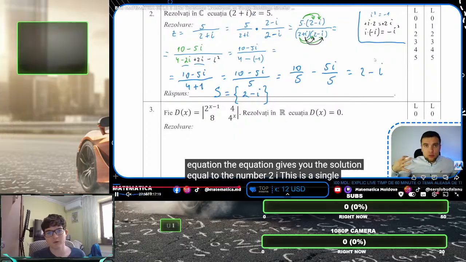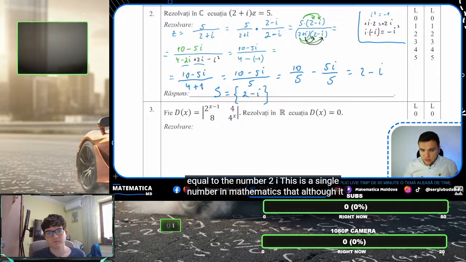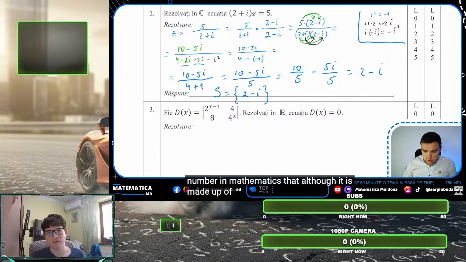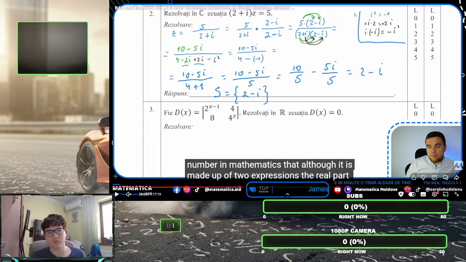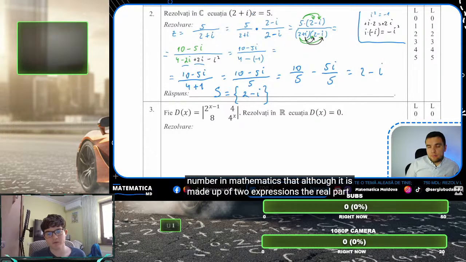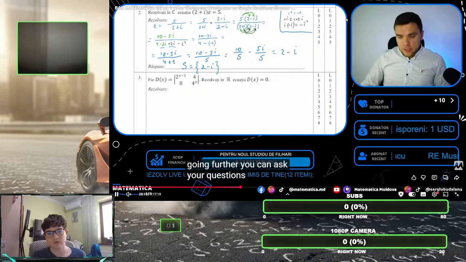The solution is 2 minus i. Yeah. If you plug it in, it's gonna be 2 plus i times 2 minus i, and it's gonna be 5. Like if you solve something like that, anyways.